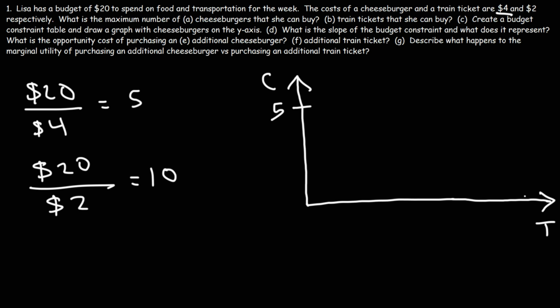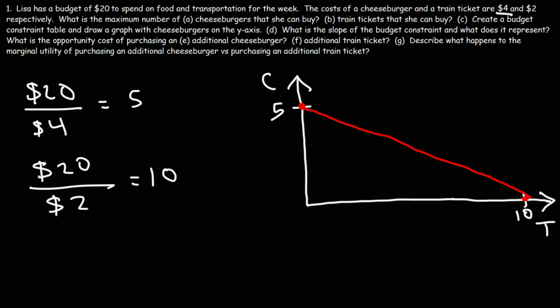So 10 should be somewhere in that area. Now all you need to do to draw the budget constraint graph is connect these 2 points with a line.